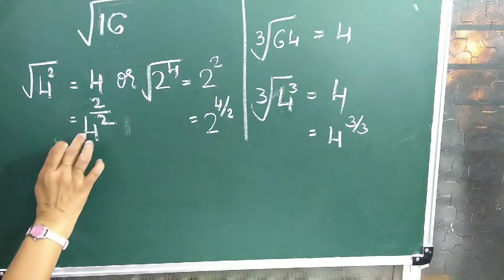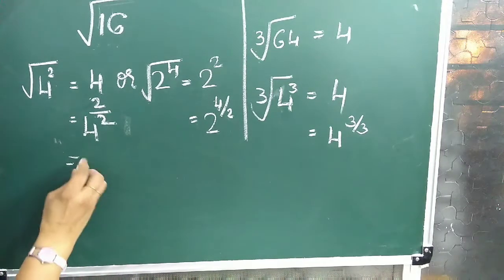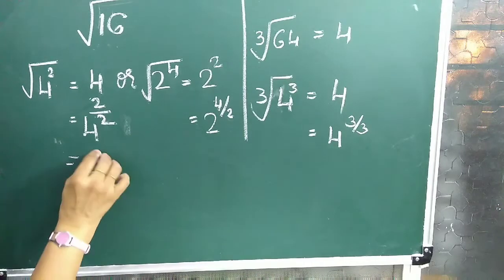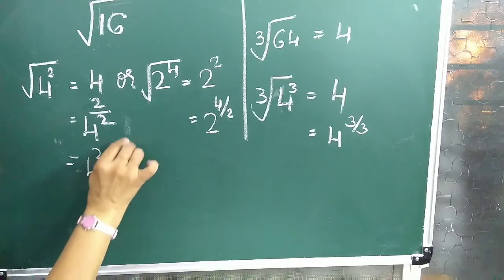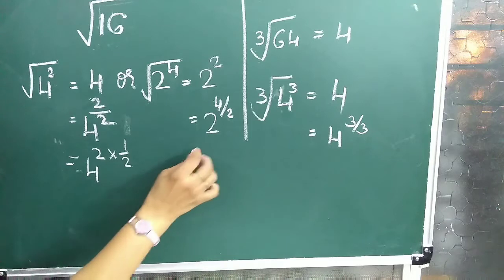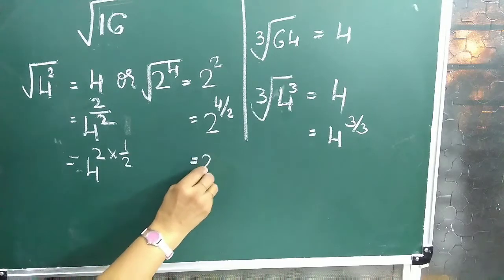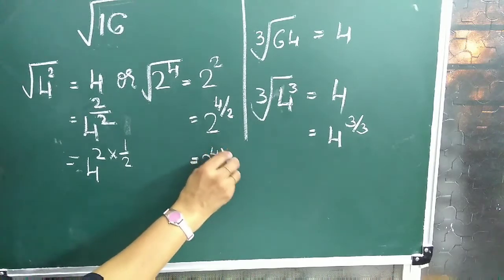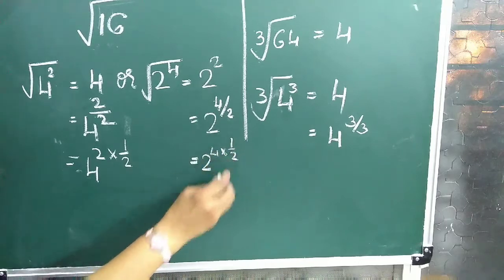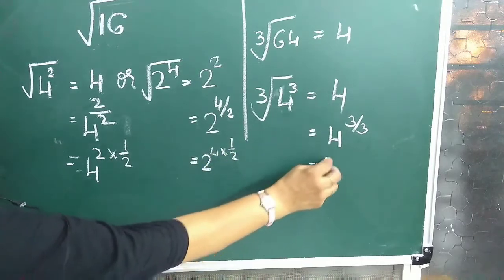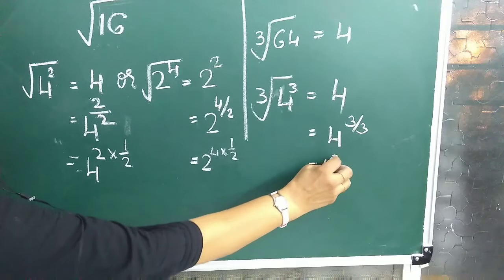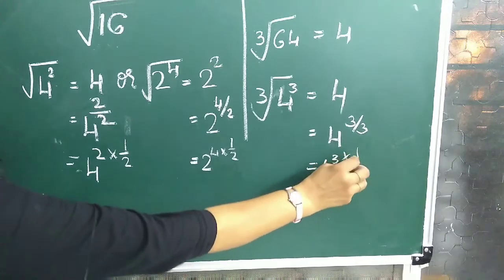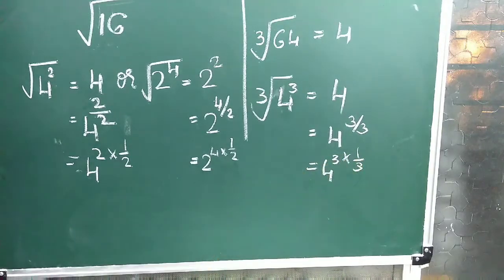Now this can be written as 4 to the power 2 into 1 upon 2, and this can be written as 2 to the power 4 into 1 upon 2. Then again this can be written as 4 to the power 3 into 1 upon 3.